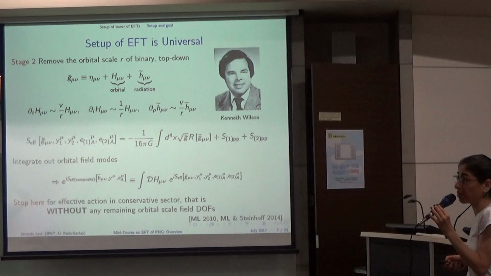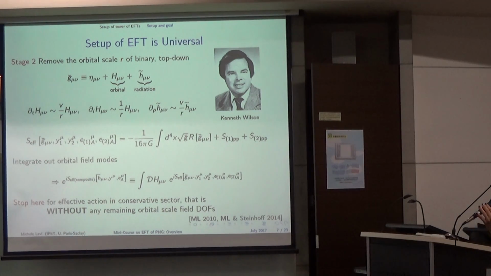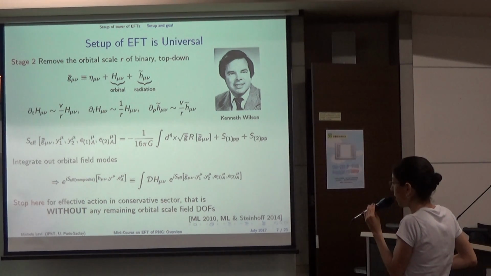The only thing that should be mentioned here is that we are handling classical physics, which means that from this path integral, we would only consider the tree-level diagrams, namely the saddle point approximation, or whatever you want to call it. We will only be interested in extracting the part which corresponds to the classical physics.